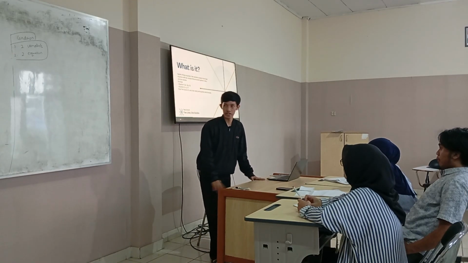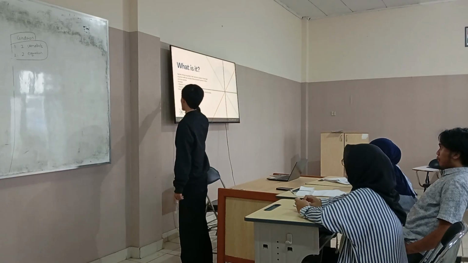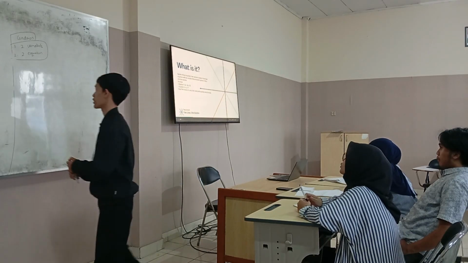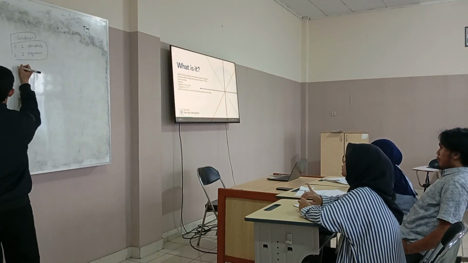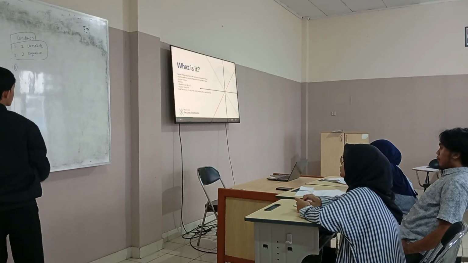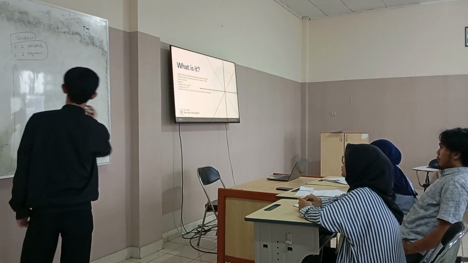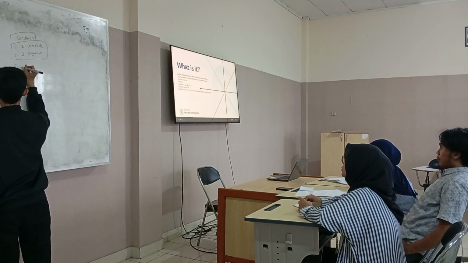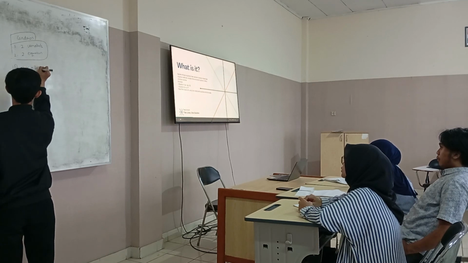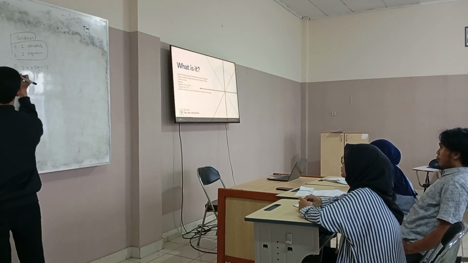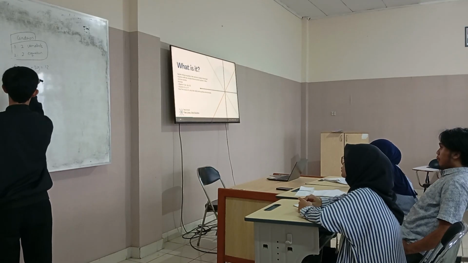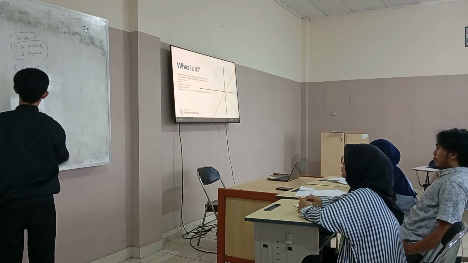Now I will give you an example. Let's write it on the whiteboard. I will write it right here. The first equation is 2x plus 3y equals 12. And the second equation is x minus y equals 1.